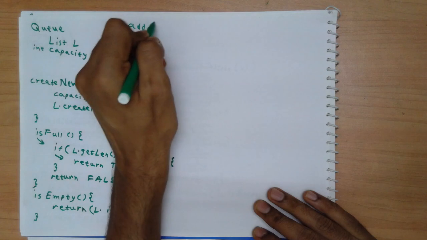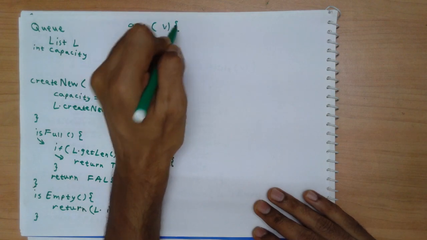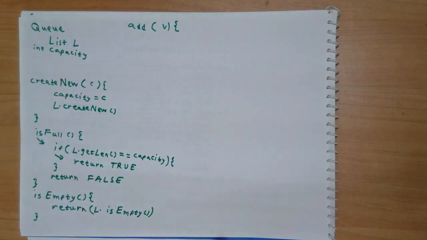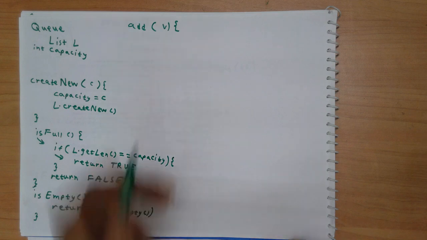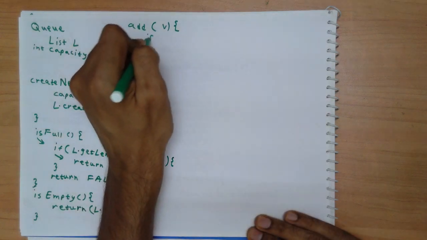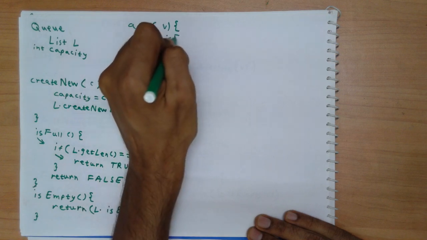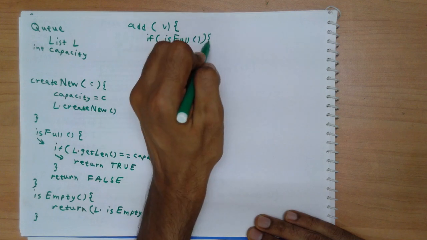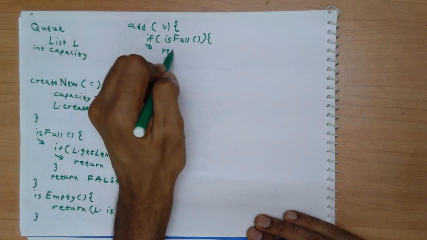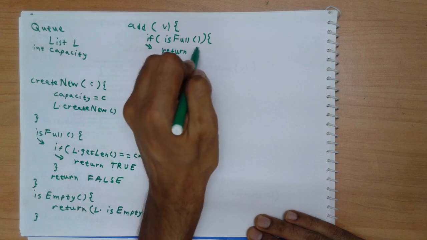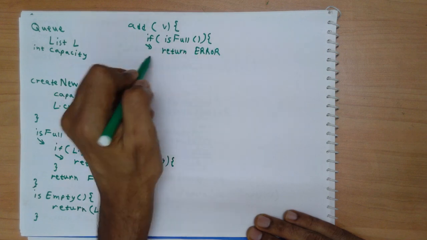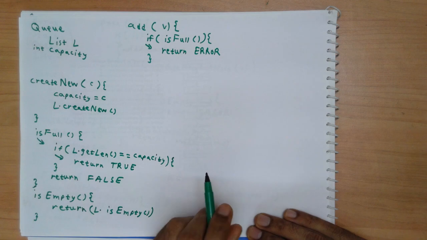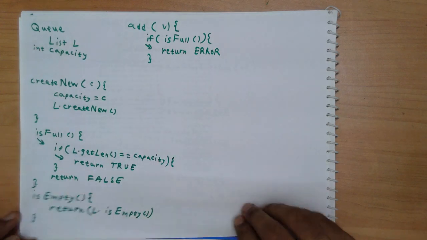When I add a particular value to my queue, I will go to my list and add it at the end of my list. So first I will check if my queue is full. If the is full operation of my queue returns true, I would return error. Otherwise, just like what we did in case of stack, do you remember?